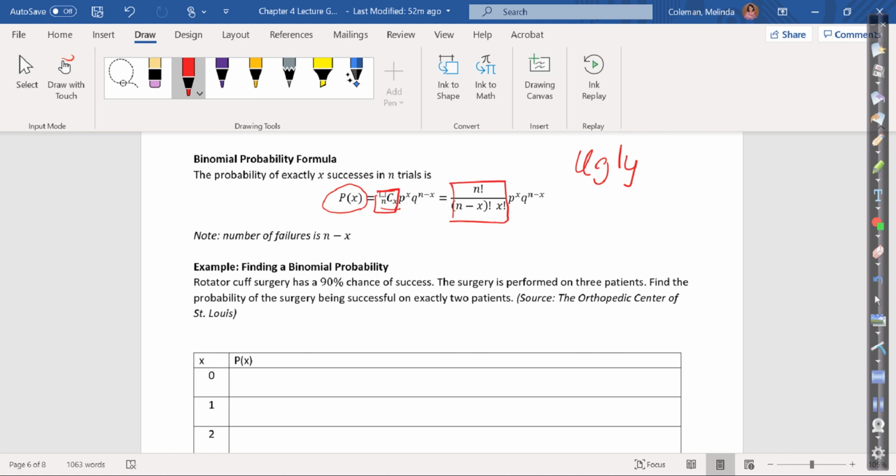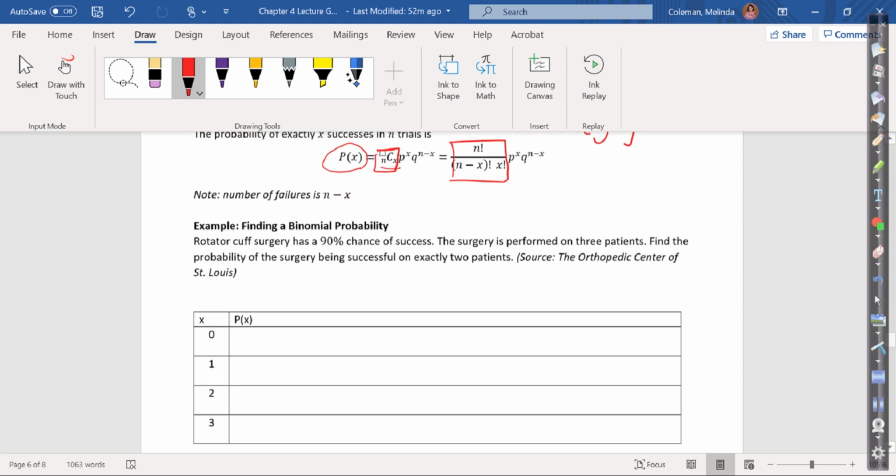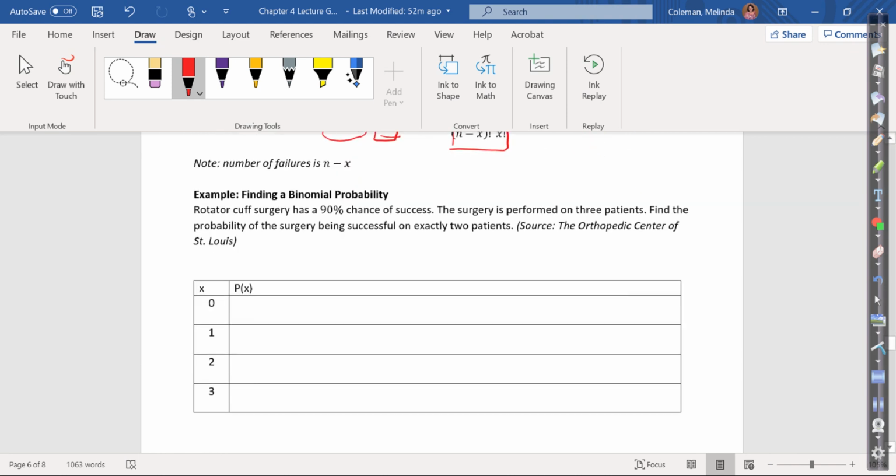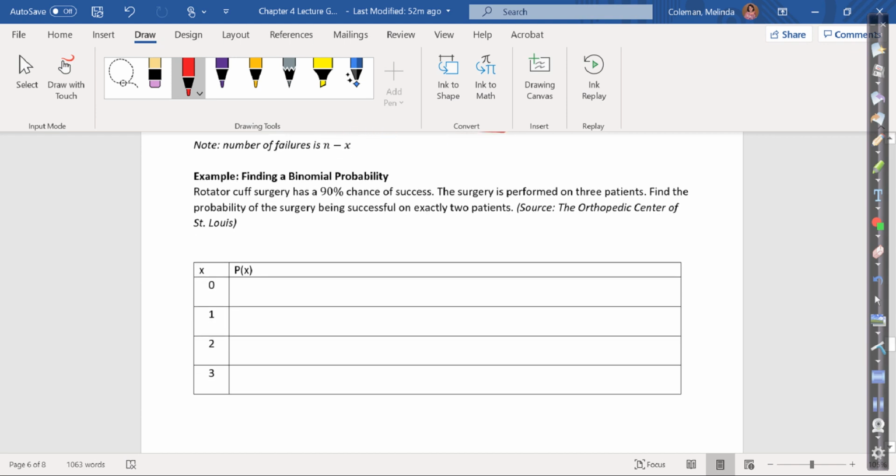The combination piece listed out, the formula for combination listed out. All right? So that means that if I'm going to use my calculator, and again, I do want to use my calculator, so let's see how I can actually figure out the formula.